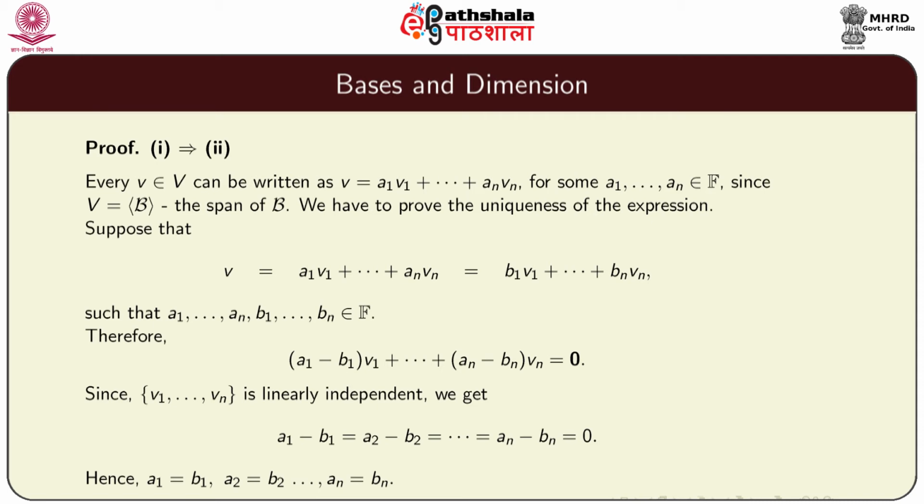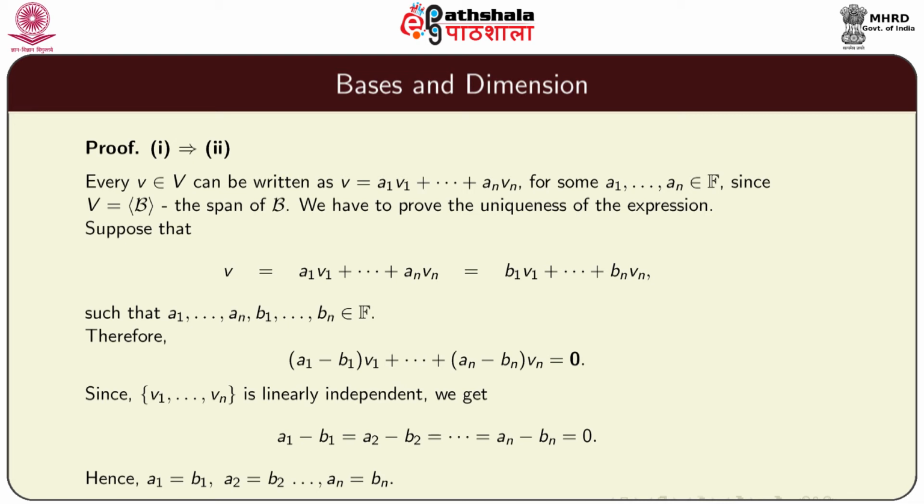Every v in the vector space V can be written as v is equal to a1 v1, etc., up to an vn for some a1, a2, ..., an in F, and v1, v2, ..., vn are of course in B, and that is true because V is the span of B.